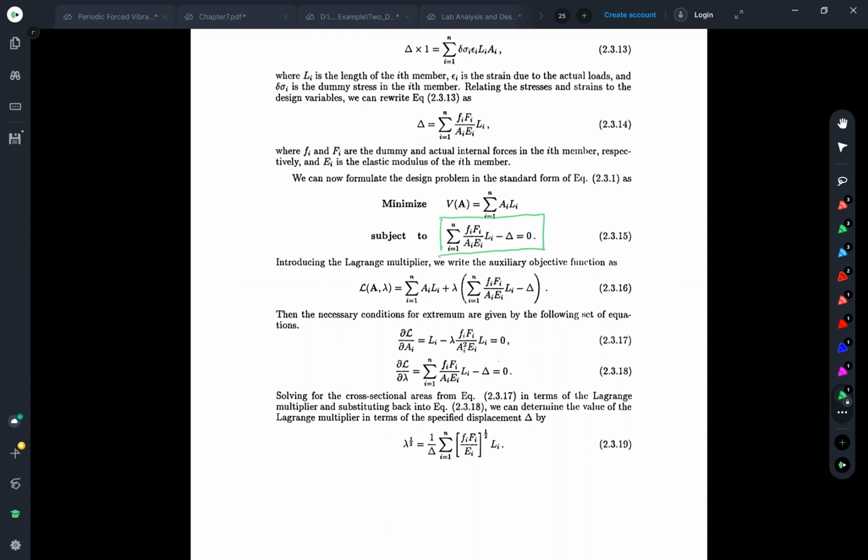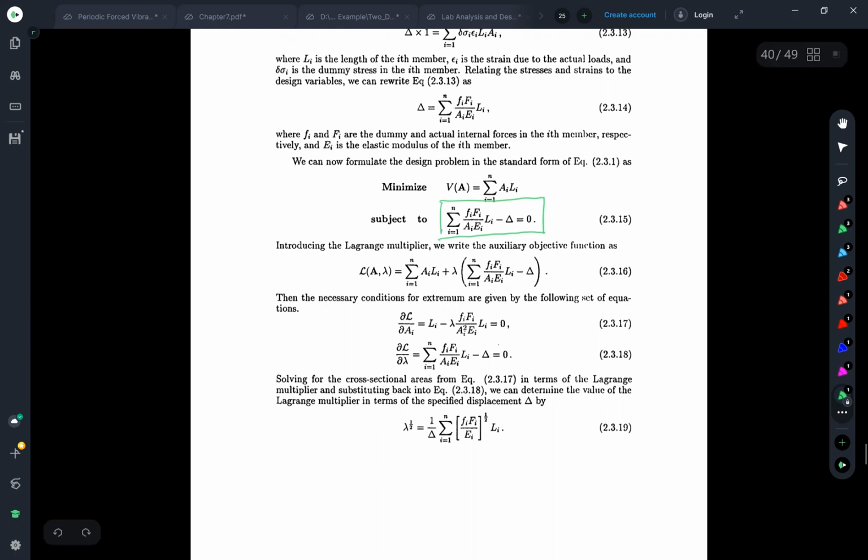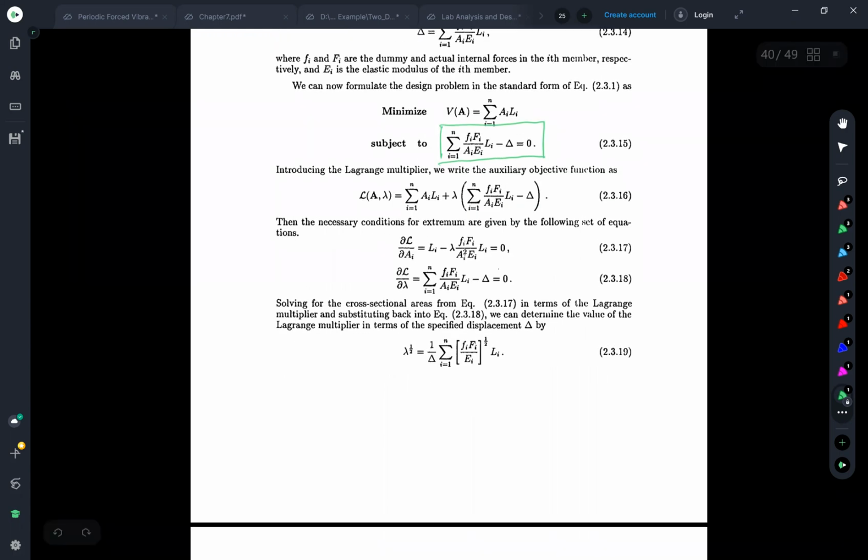Once you find the necessary condition, it is the derivative of L with respect to A_i and the derivative of L with respect to lambda. And this provides us 2.3.17 and 2.3.18. Solving equations 17 and 18, you can solve for A_i and you can solve for lambda.